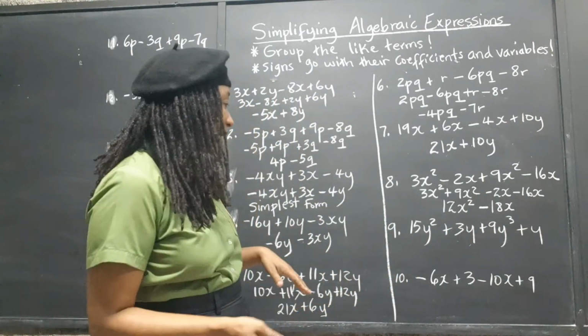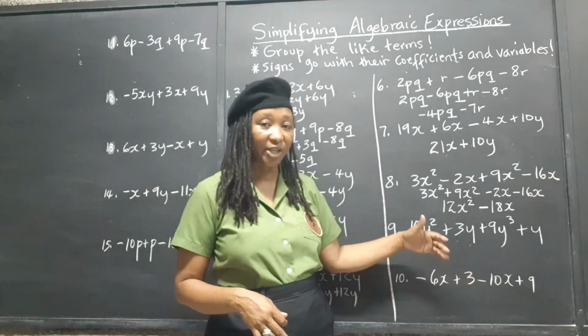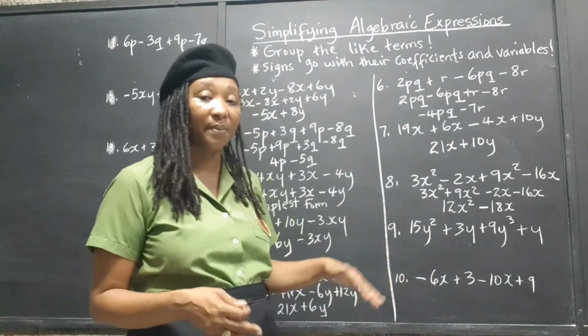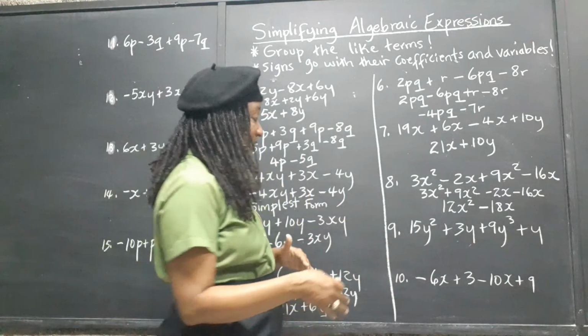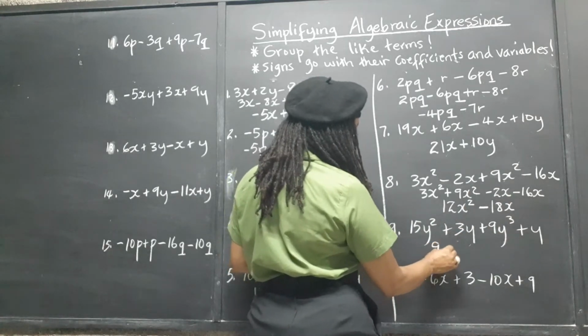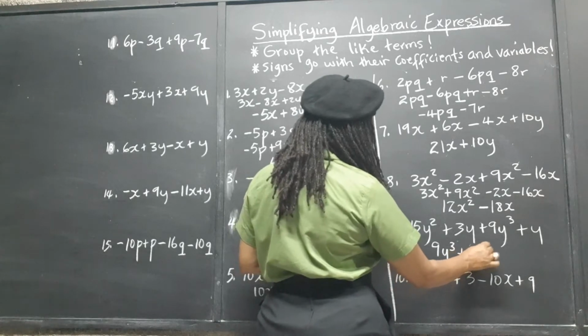And usually, when we're listing polynomials, algebraic terms that have different degrees, different powers, we put them in descending order. So we start with the highest degree, which is the 9y cubed plus the 15y squared.